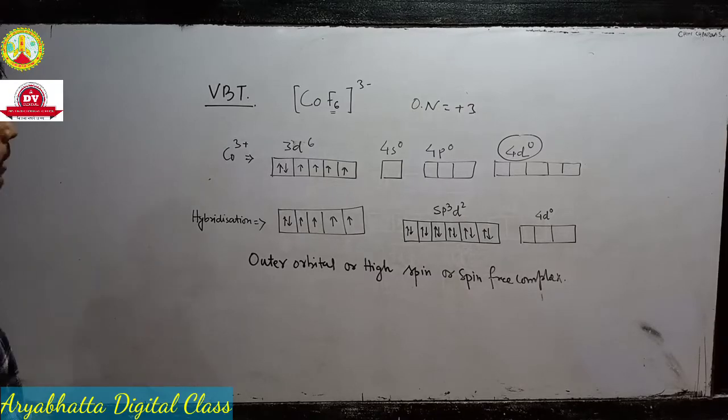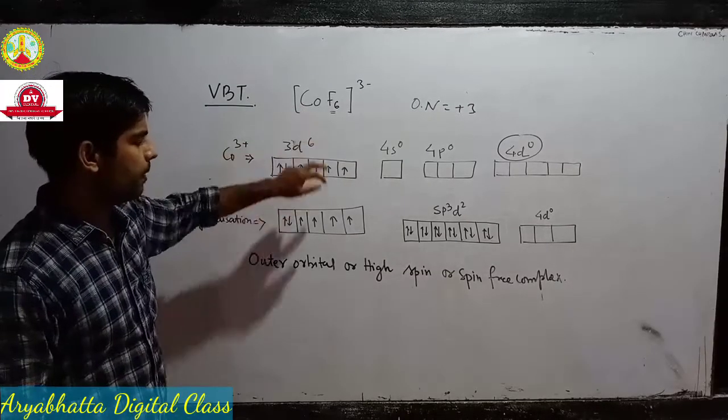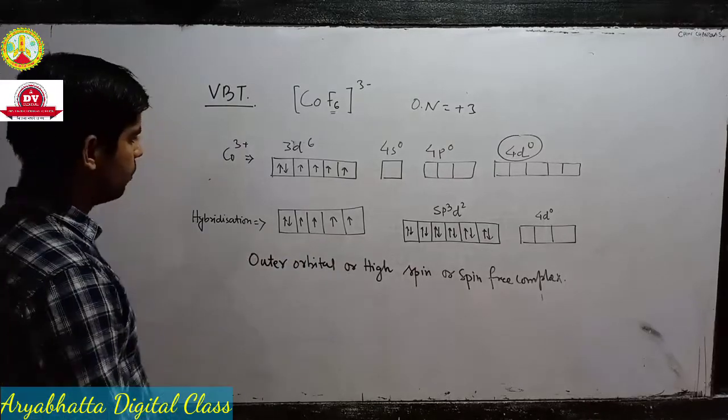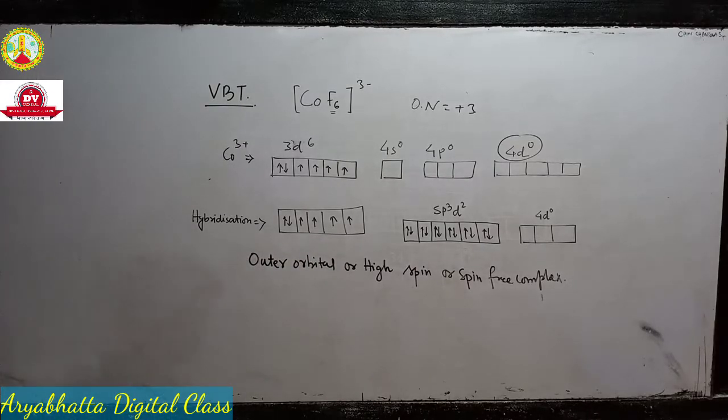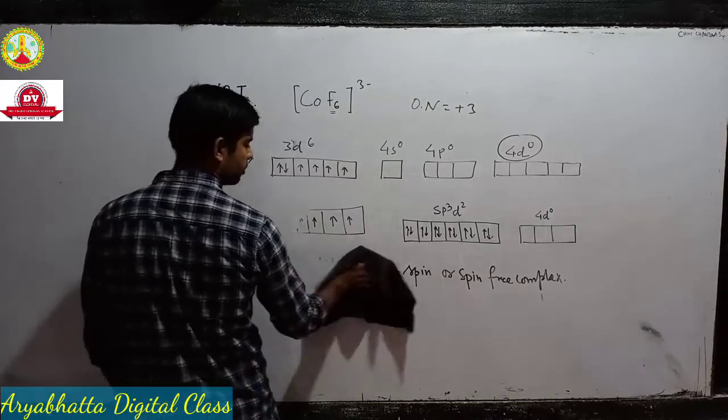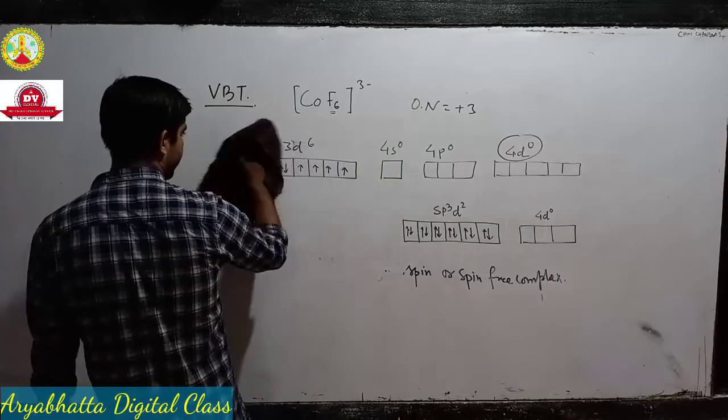So obviously this complex will show paramagnetic properties, and that's why it's termed high spin or outer orbital, because the outer d orbital has been used for the formation of hybrid orbitals. So this is also an example of an octahedral complex.